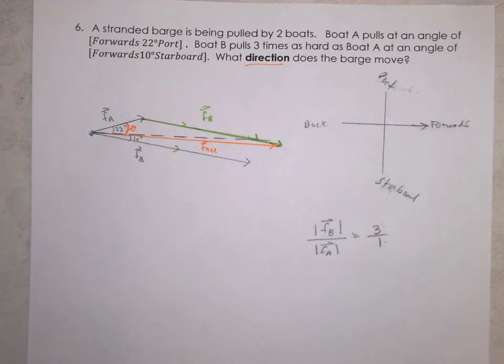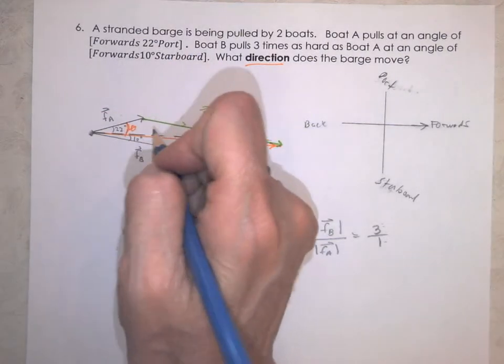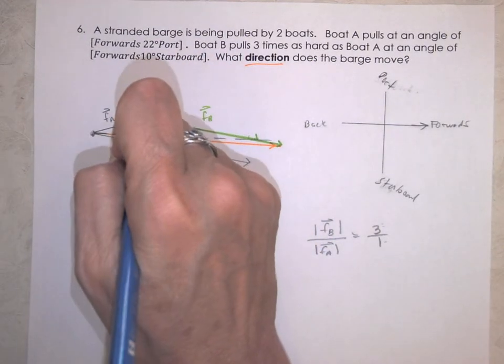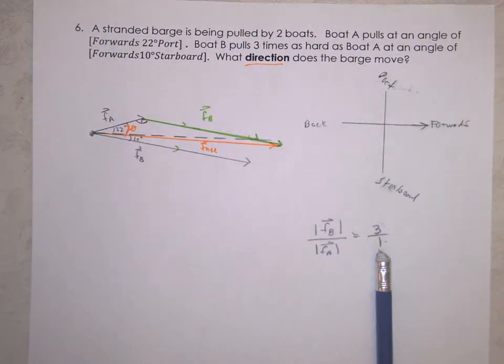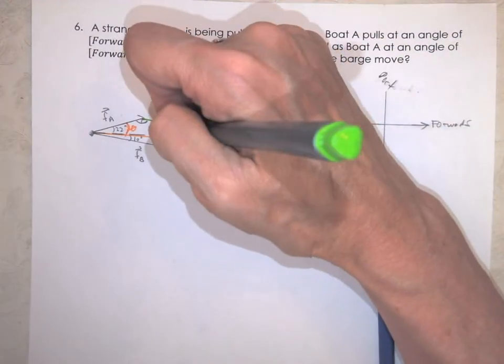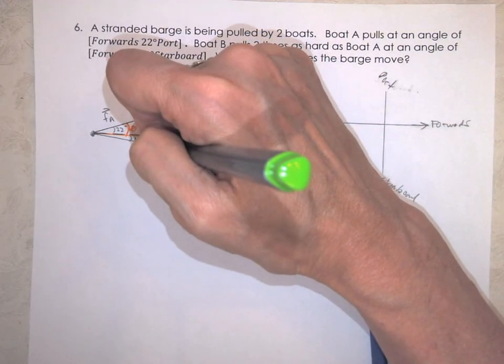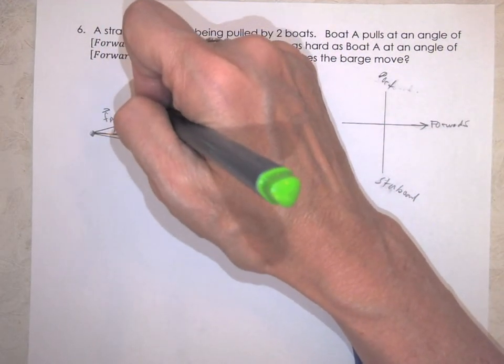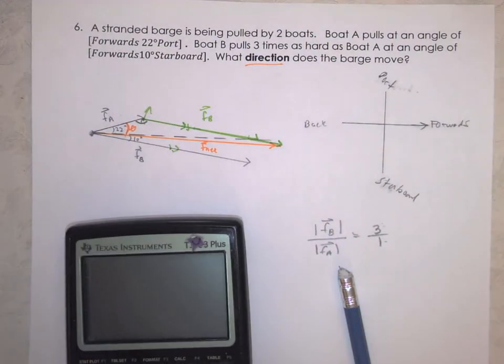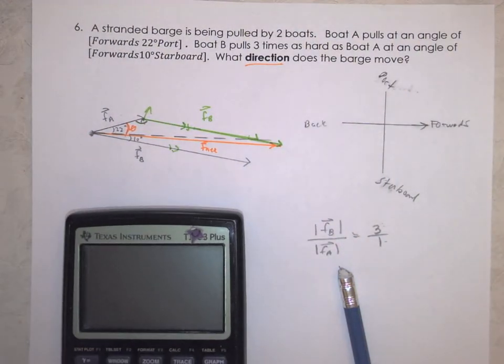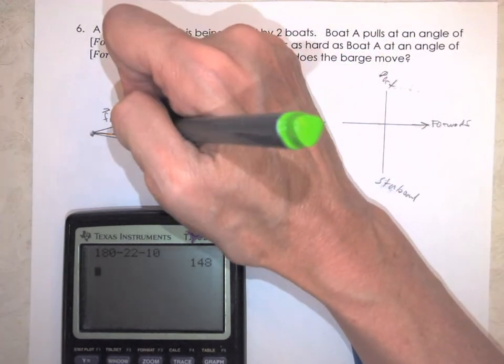So we know this angle in here by our C pattern. Since these are parallel, this angle here is going to be 180 minus 22 minus 10, or 148 degrees.